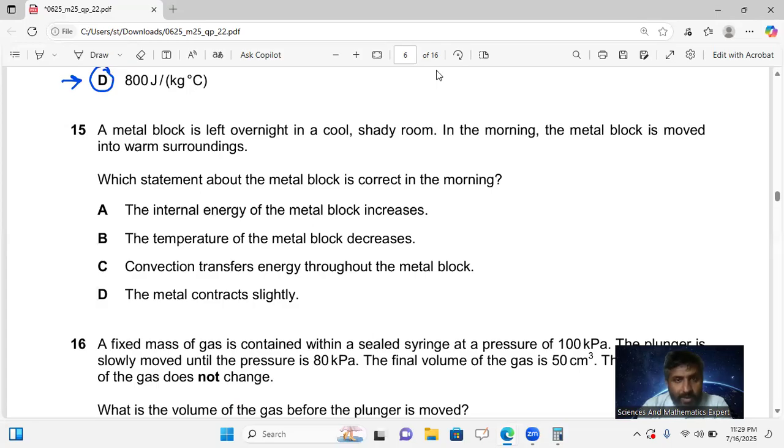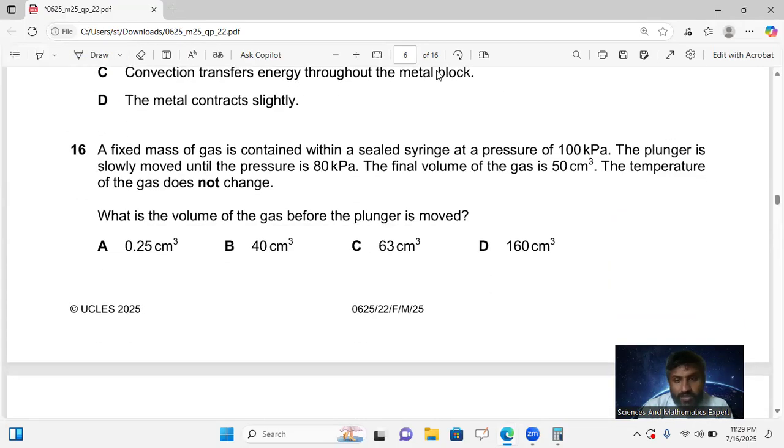So it means internal energy of the metal block is increased at daytime, in the morning. After that, no need to study the others. If you have found the right option and you are sure about it, no need to study about that.